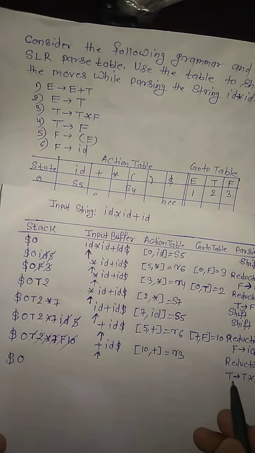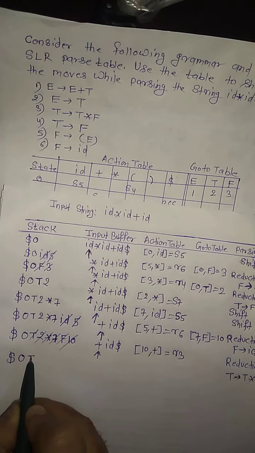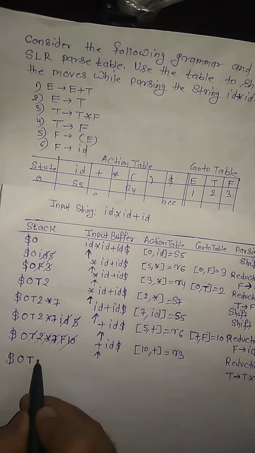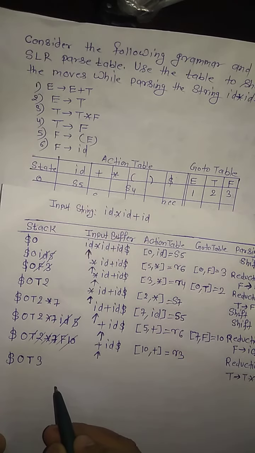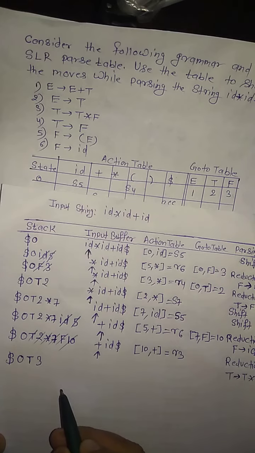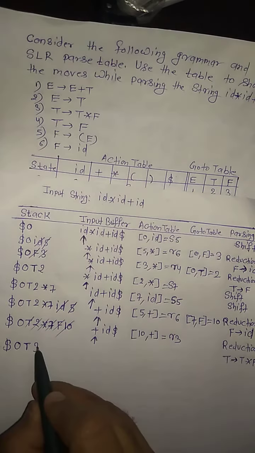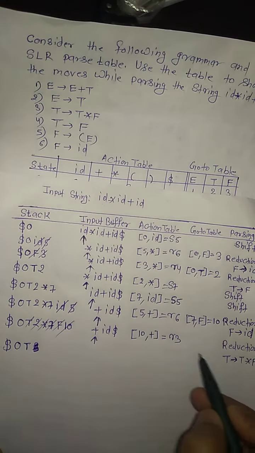And next step, you have to push T on the top of the stack, and you also push the 3. So we have 0 T 3. So now here you check, this was a mistake.